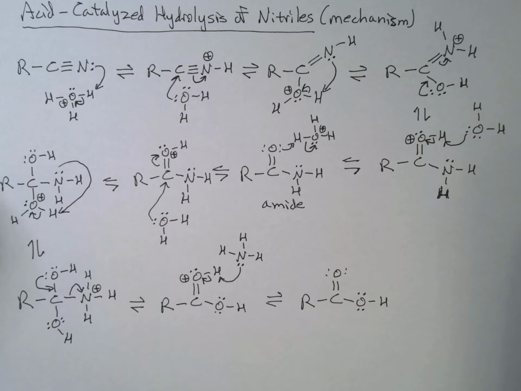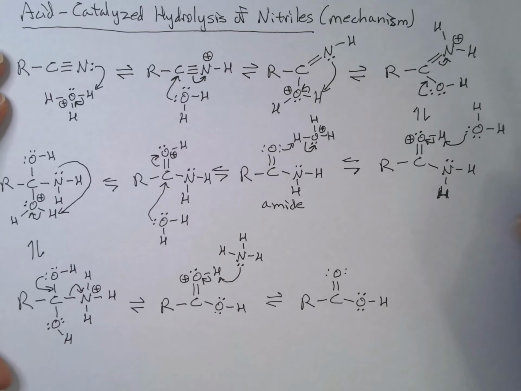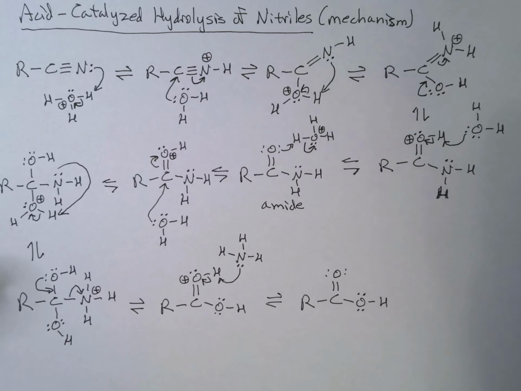So we're transferring a lot of protons. We've got a couple of nucleophilic attacks. We have loss of a leaving group. I don't want you to feel like you have to be able to do this on a quiz, because this could take a little while. Anyway, but I did want to show it to you.